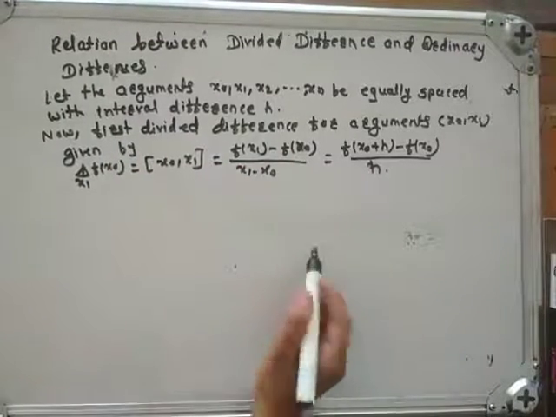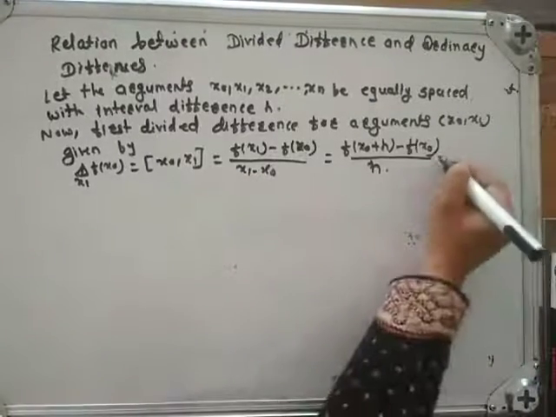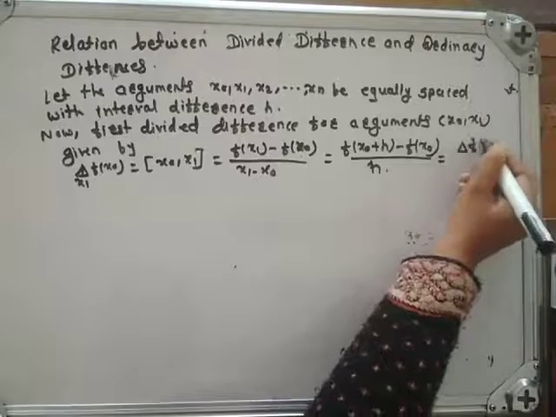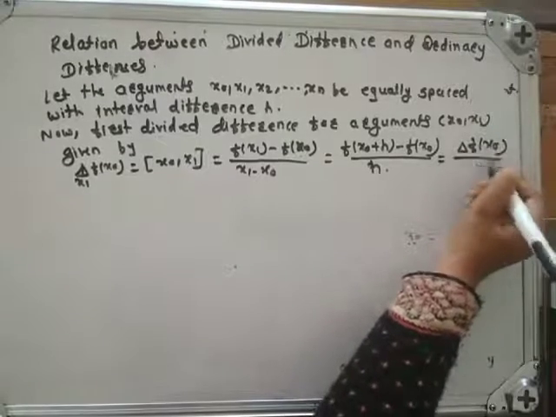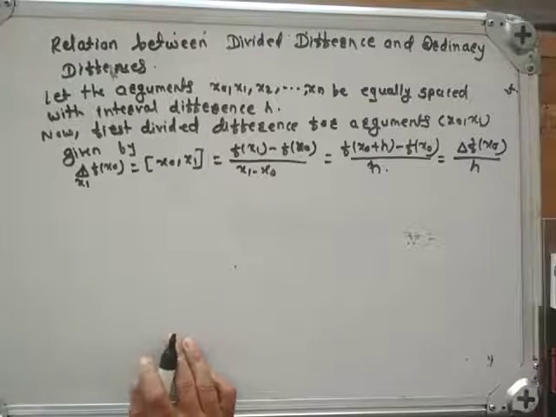So x1 is nothing but x0 plus h. We know that this is the definition of delta of f of x0 upon h.